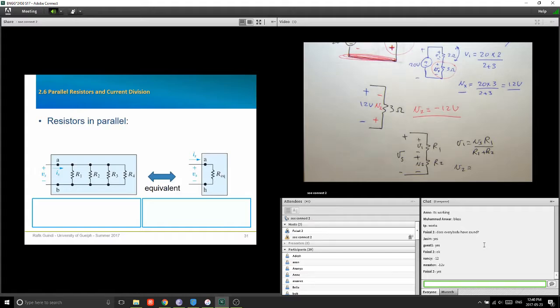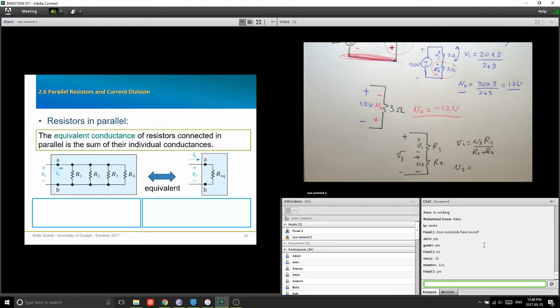Now, if you want to replace a group of resistors in parallel by the equivalent value, R equivalent, we do it using conductances. We say that the equivalent conductance of resistors connected in parallel is the sum of their individual conductances. Now, when they're in series, you add the resistances. When they're in parallel, you add the conductances.